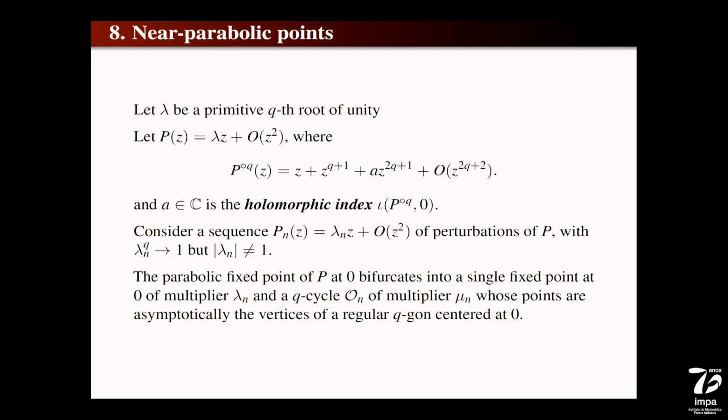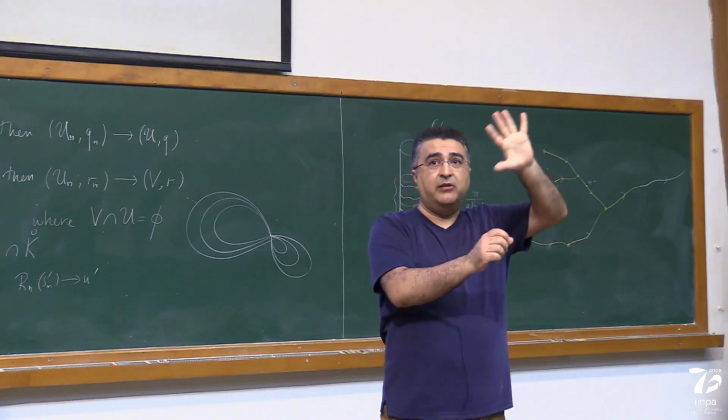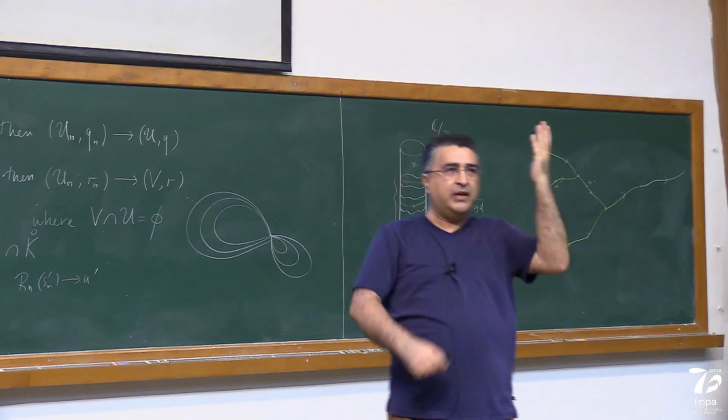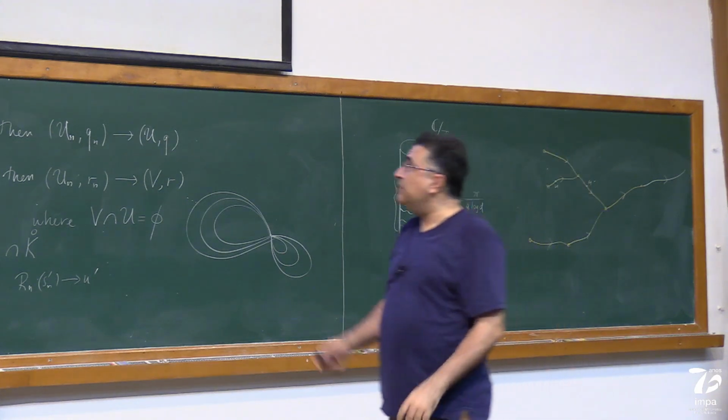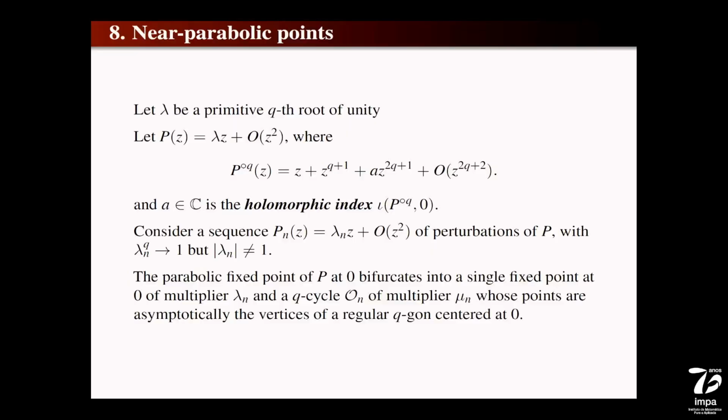So you have this fixed point at the origin, and you have a cycle around it, which asymptotically looks like a q cycle. Asymptotically, it looks regular. So asymptotically, they look like vertices of a regular q-gon.